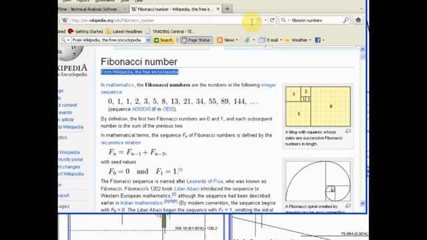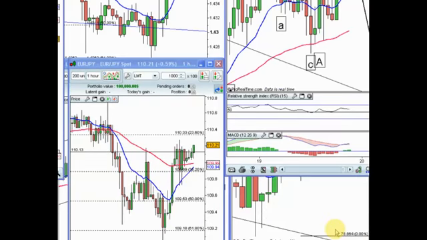Now, don't ask me how or why it occurs, but the market has a tendency to move to these wave projections. So when we can actually decide which is the first wave, we can then look for Elliott Wave projections or Fibonacci projections to target these next wave sequences. So let's just drop this down. I'm just going to expand out again.